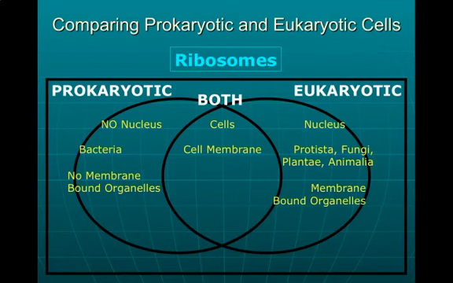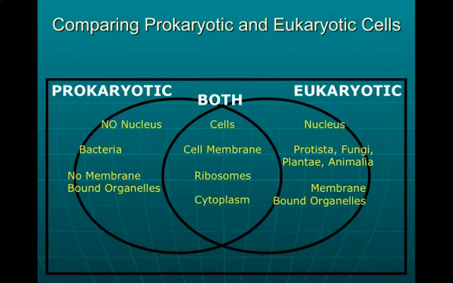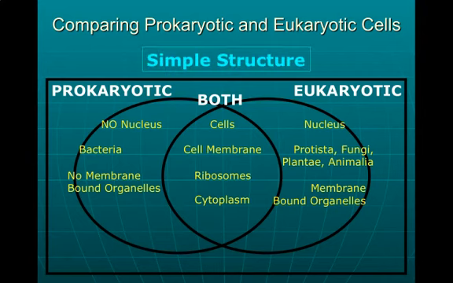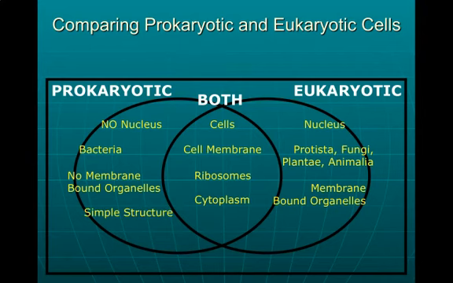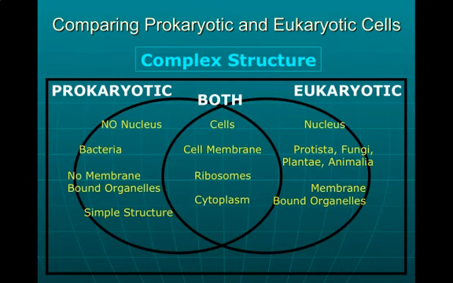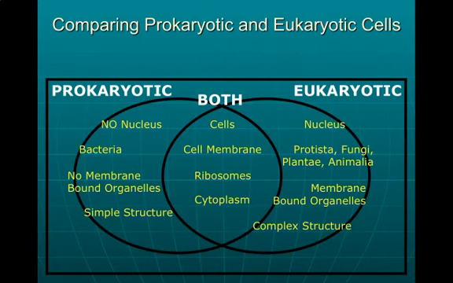Ribosomes, found in both. Cytoplasm, also found in both. Simple structure, prokaryotic. Complex structure, eukaryotic. DNA, both.